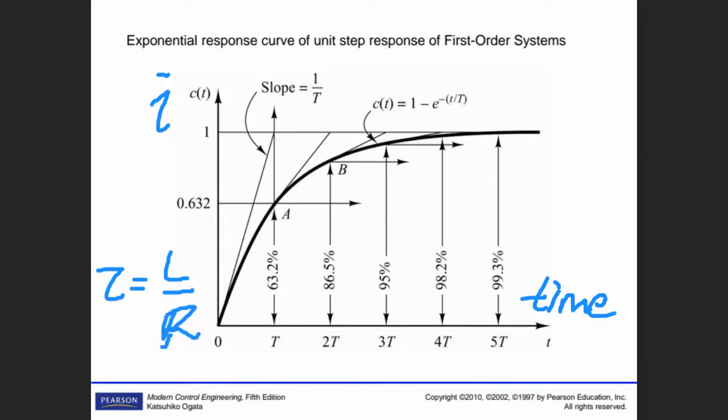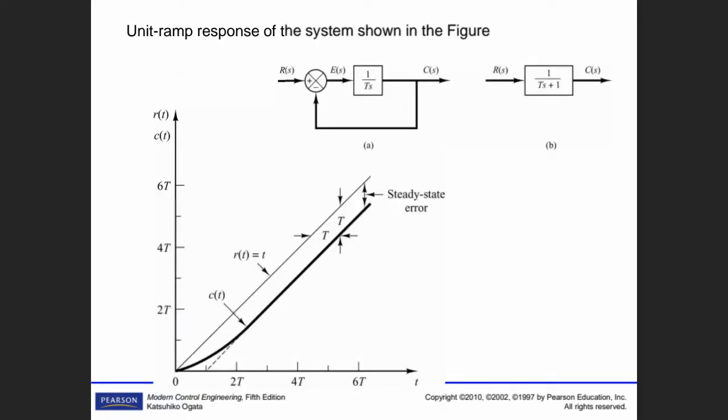So if you increase inductance, your network becomes lazier, and your current rise becomes slower. But these are first order systems, and of course it depends whether you have a step input.